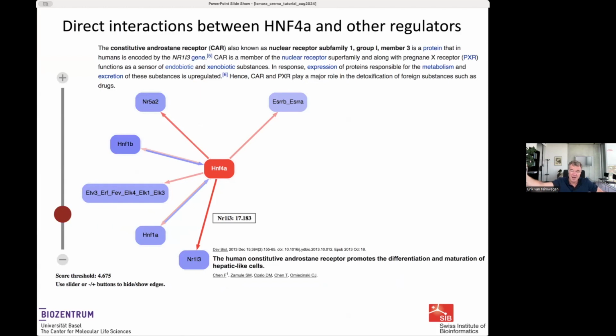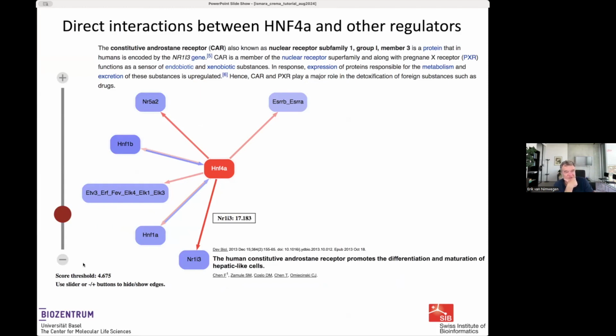Or is there any other regulator that targets the promoter of HNF4 alpha? And we show you this local picture of the network around HNF4 alpha.